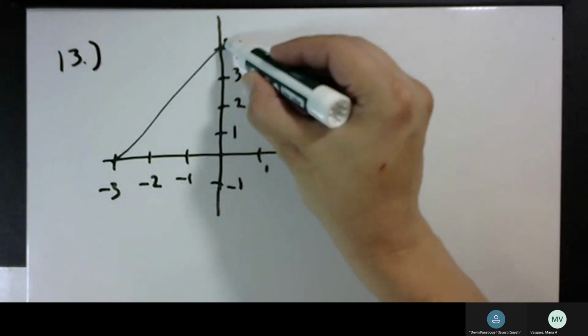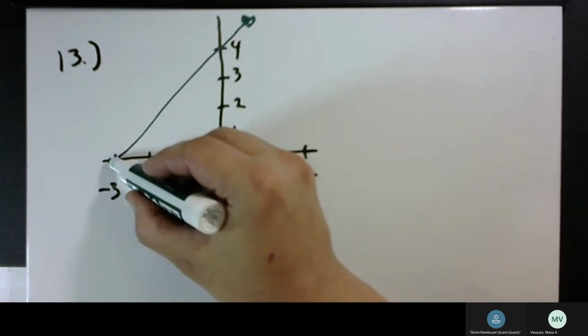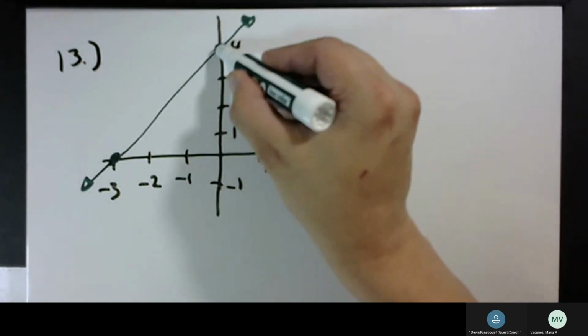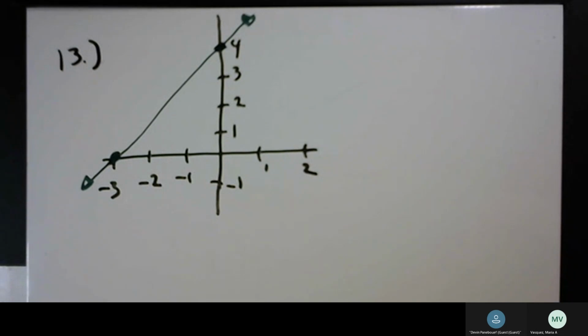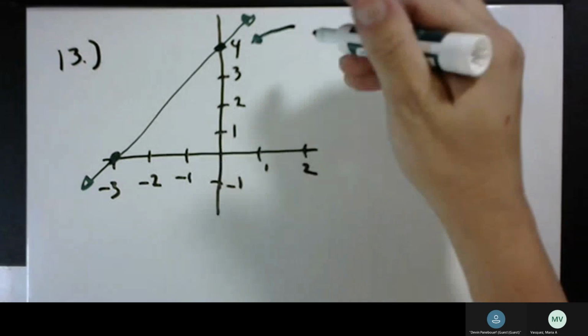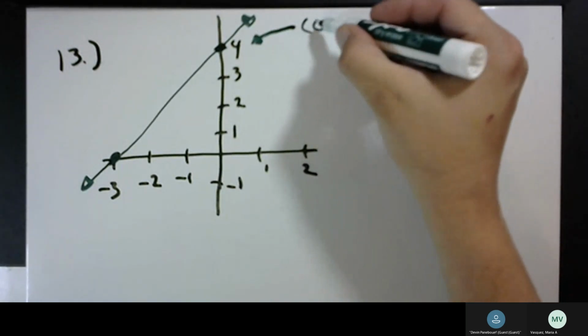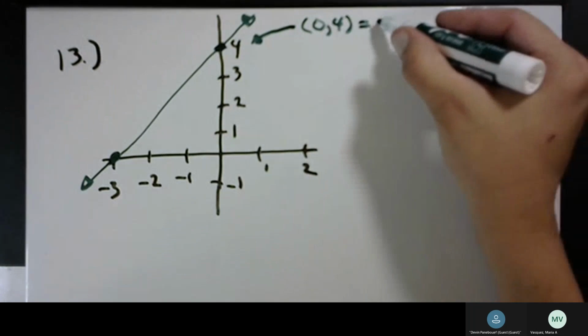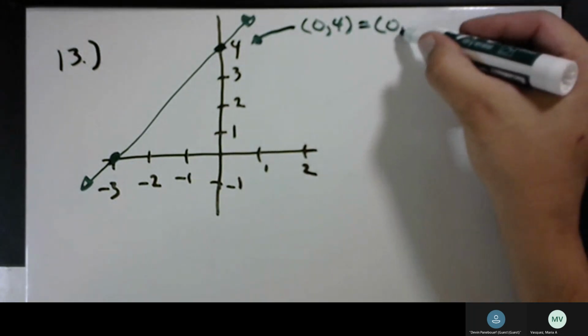So let's say you need to find the equation of the line that we're looking at here. Well, first off, we see there's a y-intercept. So the y-intercept is 0, 4. And that's going to be 0, comma b.